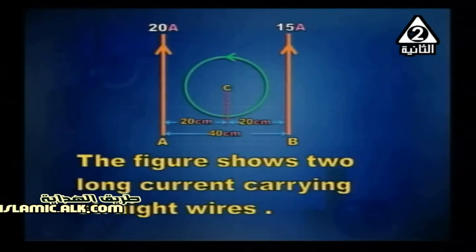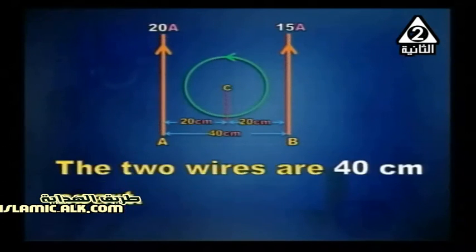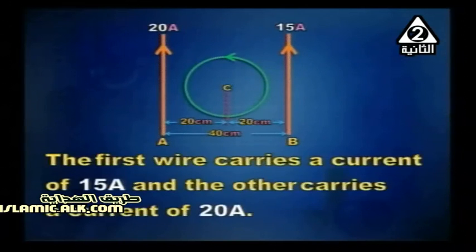The figure shows two long current carrying straight wires. The two wires are 40 centimeters apart. The first carries a current of 15, the other carries a current of 20.